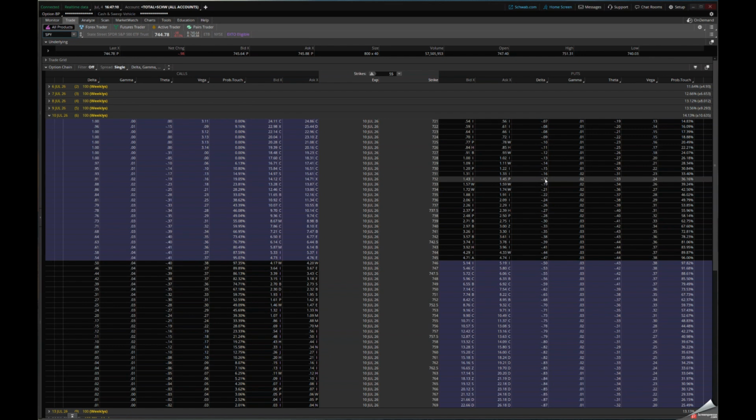So we have 732 and we have 755. As you can see, the delta on the 17 right here is there. If I click to buy or sell, it's going to give me the difference between the two, between the delta and the gamma, to get that $10.63 expected move, which is 1.4% on the S&P 500.